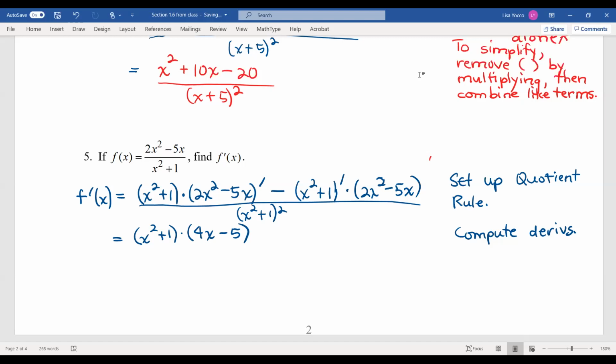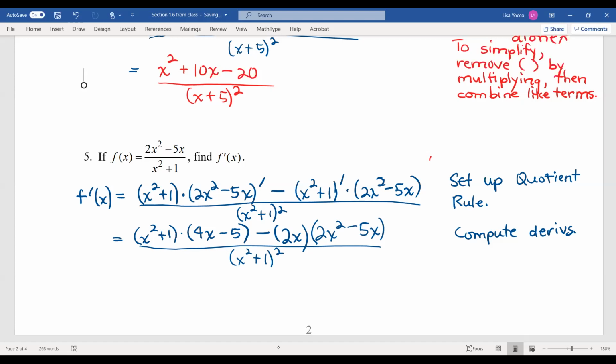Derivative of minus 5x is minus 5. For x squared, that's 2 times x. The 1 is a constant, it disappears. And that is multiplied by the other function, all over that denominator squared, which I'm leaving alone.